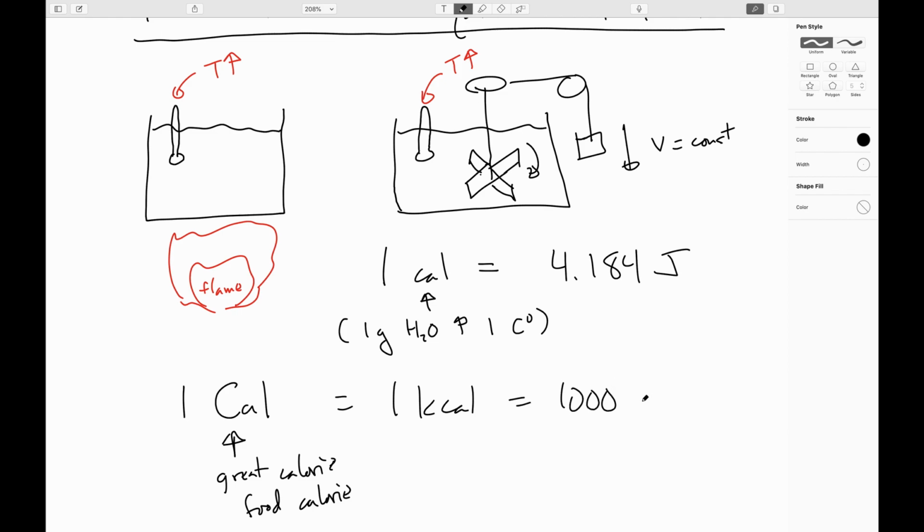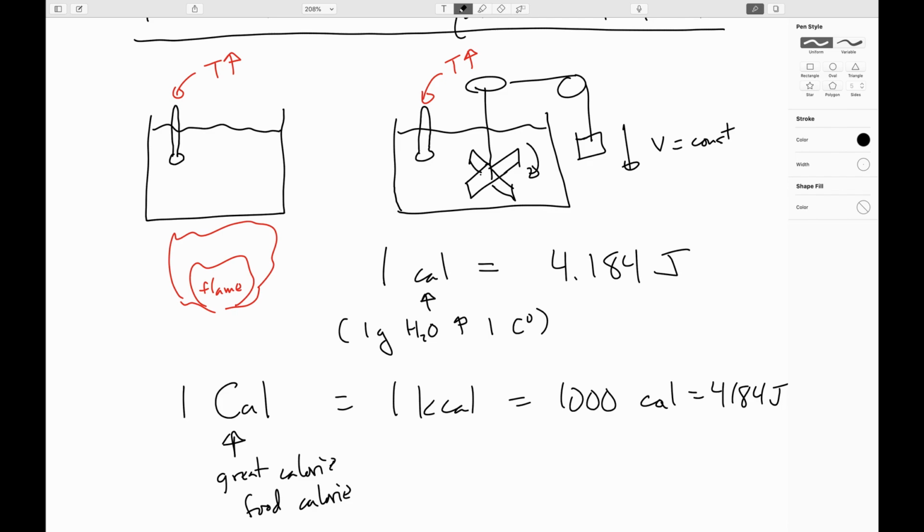But that turns out to be 1,000 of these small c calories, or 4,184 joules, no decimal point. So you've got to be a little careful about that if you're dealing with situations that involve food. If there's a capital C in the calorie, that's one of these food calories. That's 1,000 of the 1 gram, 1 degree calories.